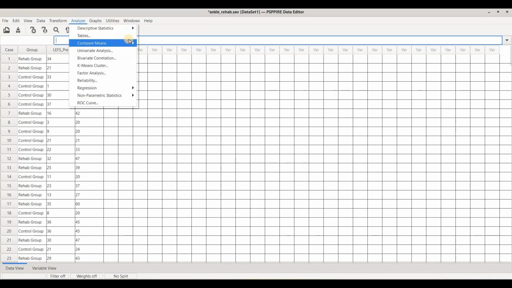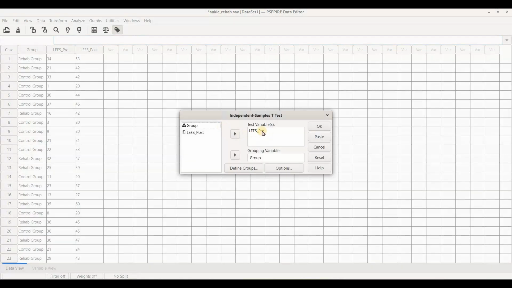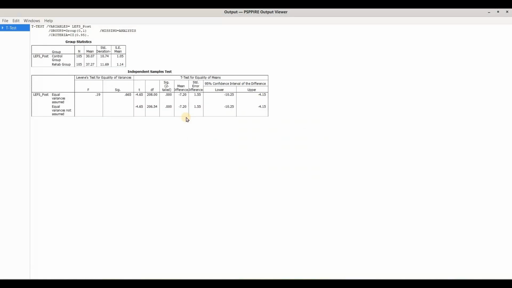So we'll go to analyze, still comparing means, and we are still doing independent samples. However, here we would select the scores that were before intervention and send it back, and we select the scores that are after intervention, send it forward. All the other settings remain the same, so we'll click OK.